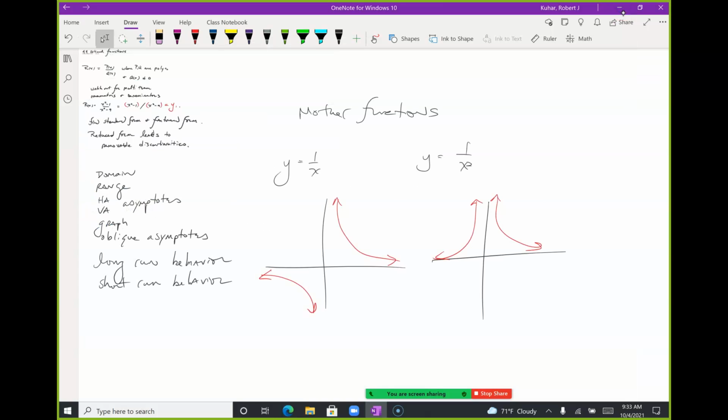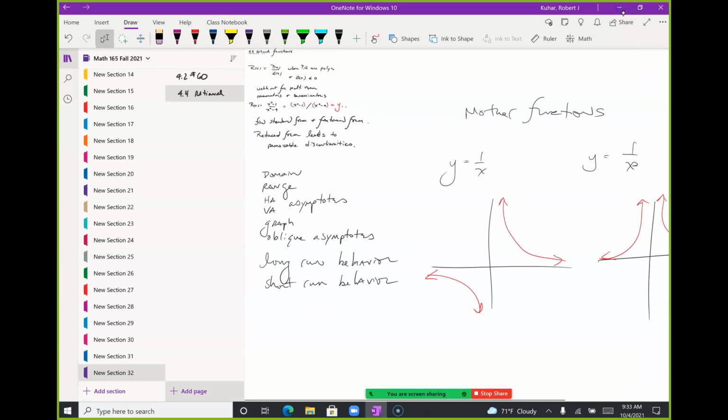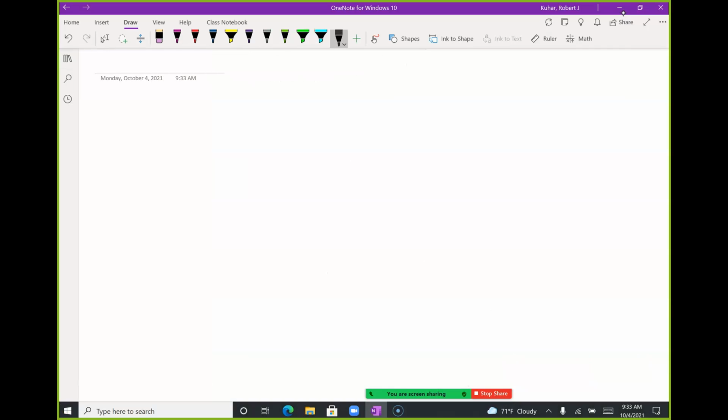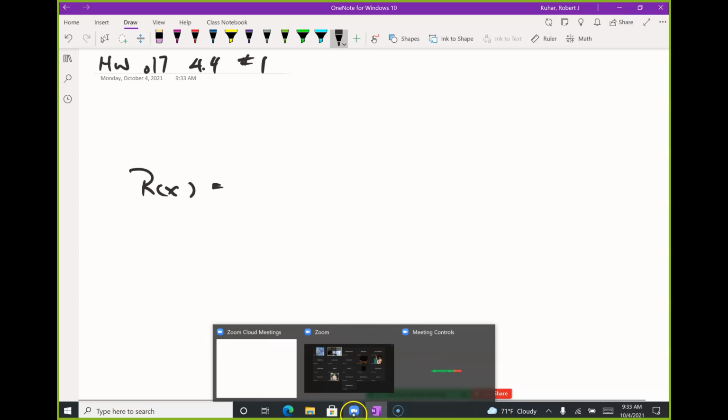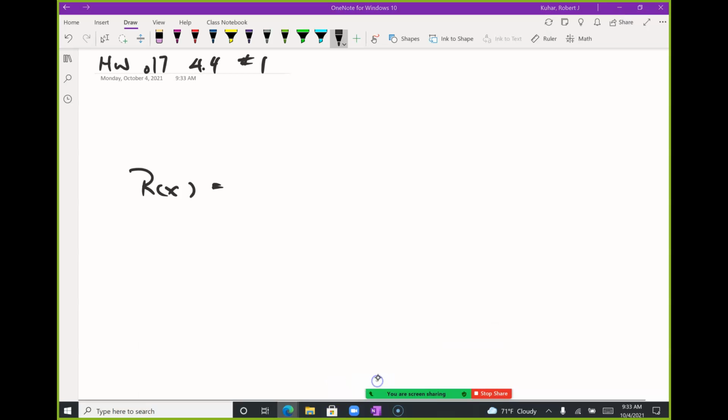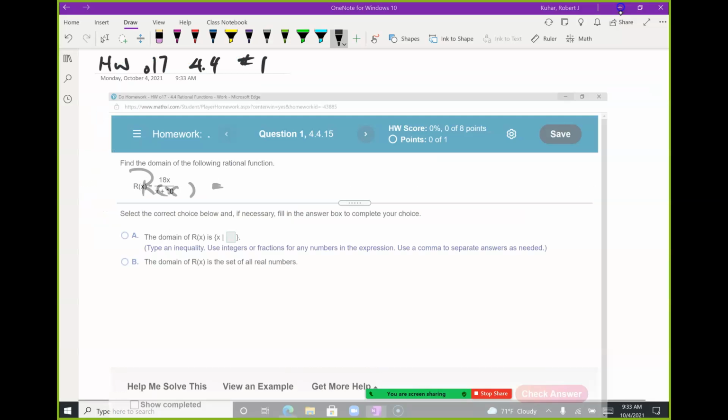So this is homework 17, which is 4.4, number 1, and we've got R of x equal to 18x over x plus 10.